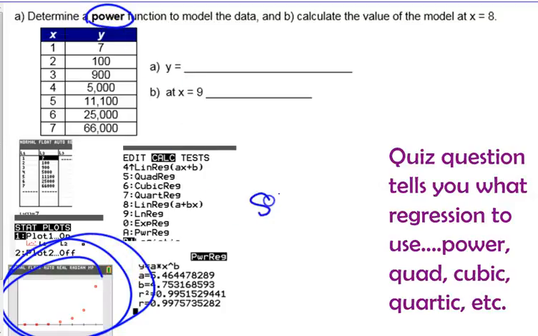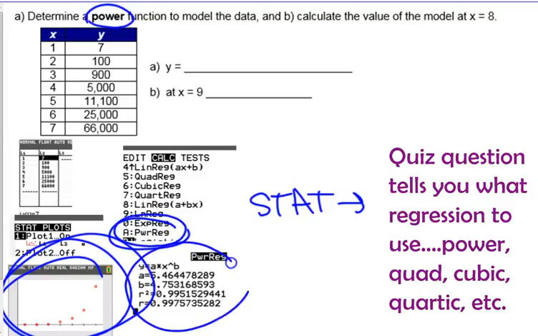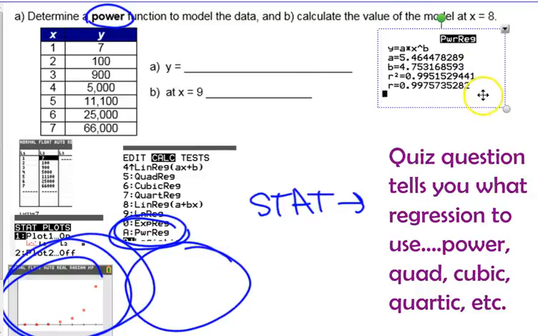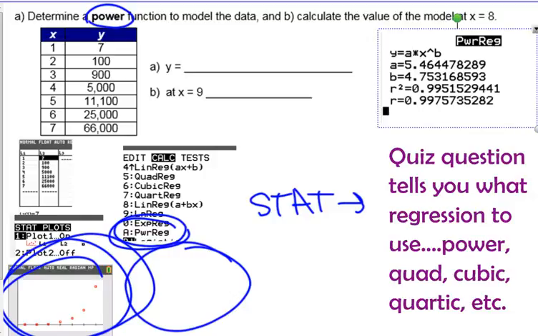This particular example says use power. So it's stat, right arrow, and then you go down and you find this one. It's A. It says power regression. And then you get this. What is this down here telling me, guys? Can you tell what that's telling me to write on the blanks here? 5.464 times x to the b, which is 4.753.